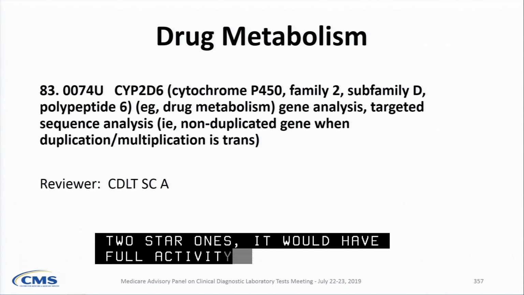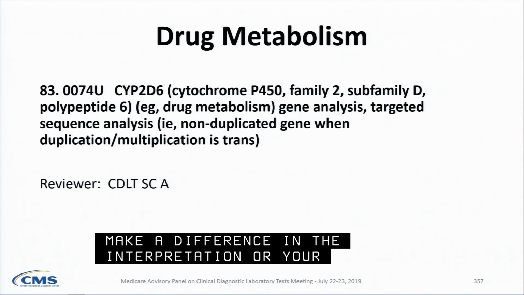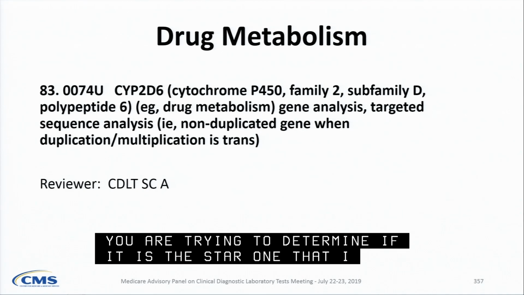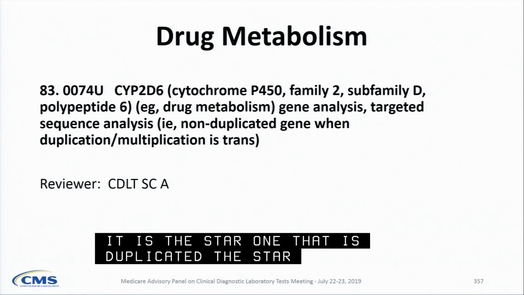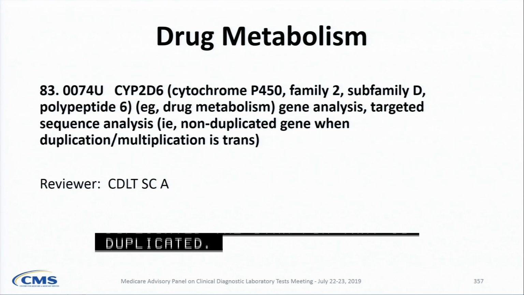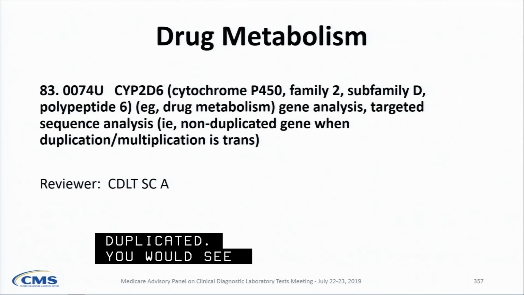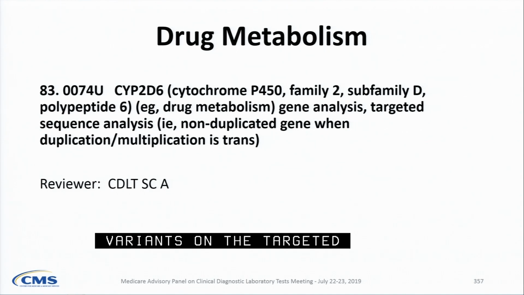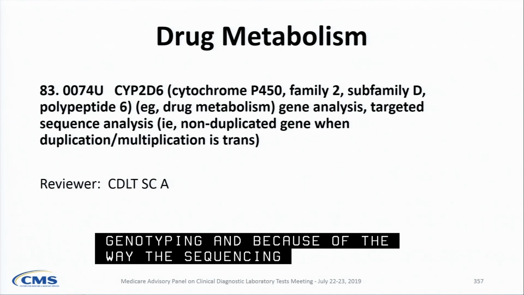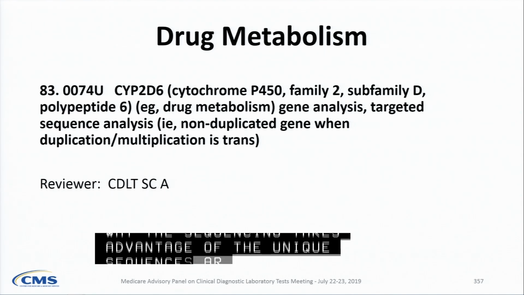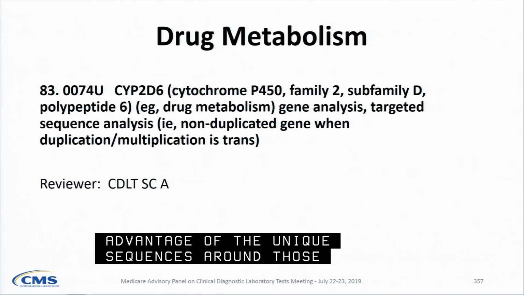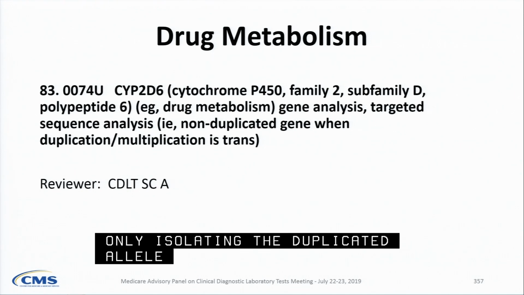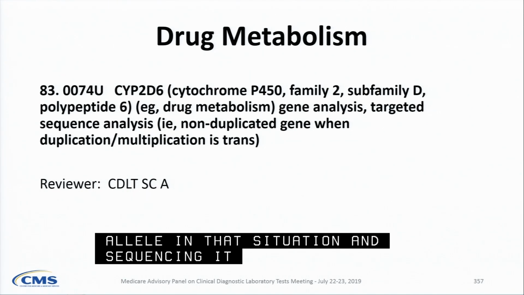So you're trying to determine, is it the star 1 that's duplicated or is it the star 4 that's duplicated? So you'd see heterozygous variants on your targeted genotyping, and then because of the way that the sequencing takes advantage of the unique sequences around those duplicated alleles, then you're only isolating the duplicated allele in that situation and sequencing it. So you would expect everything to be homozygous in that case, and that tells you which of the 2 alleles is duplicated.